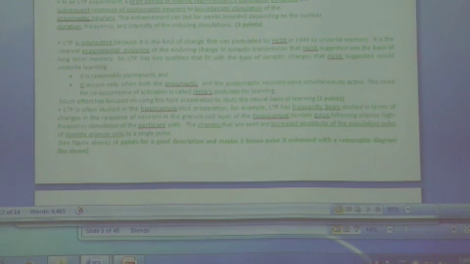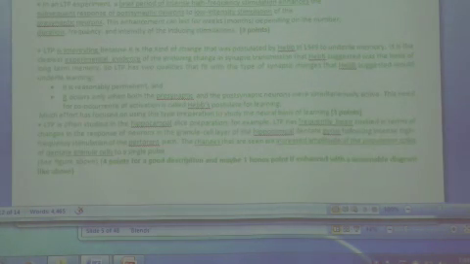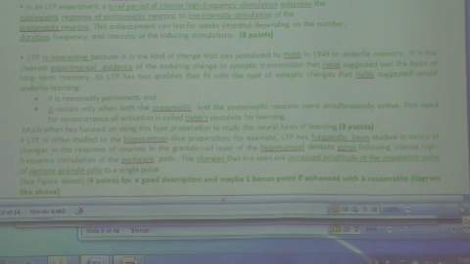I'll make this as big as I can. So guys, can you read this? I'll read it to you. LTP is the acronym for long-term potentiation, or facilitation of synaptic transmission following high-frequency electrical stimulation applied to the presynaptic neurons that activate the synapse.